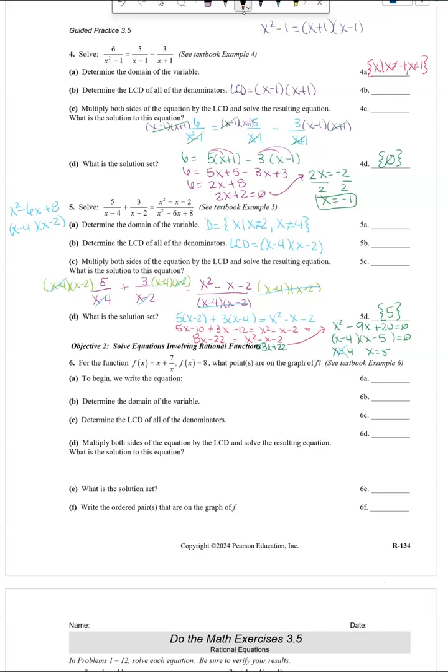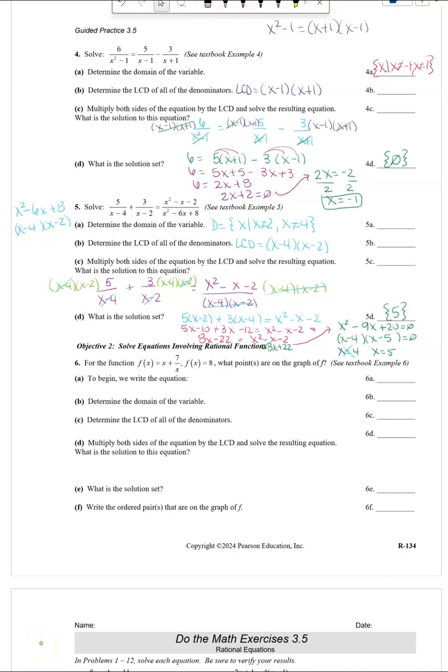So solve equations including rational functions. So we have the function f of x equals x plus 7 over x. So when f of x equals 8, what points are on the graph? So we just set it equal to 8 and then we solve for it, okay? So we're going to write our equation. We're going to have x plus 7 over x equals 8.